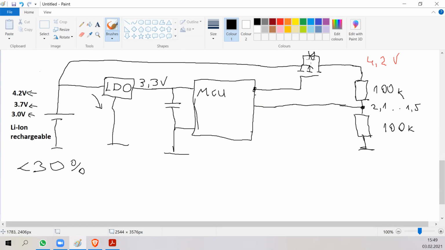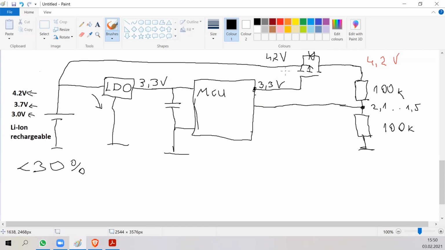The voltage on the source pin of this MOSFET is 4.2 volts. I actually need this pin to be 4.2 volts to fully shut it, but the microcontroller only has 3.3 volts.